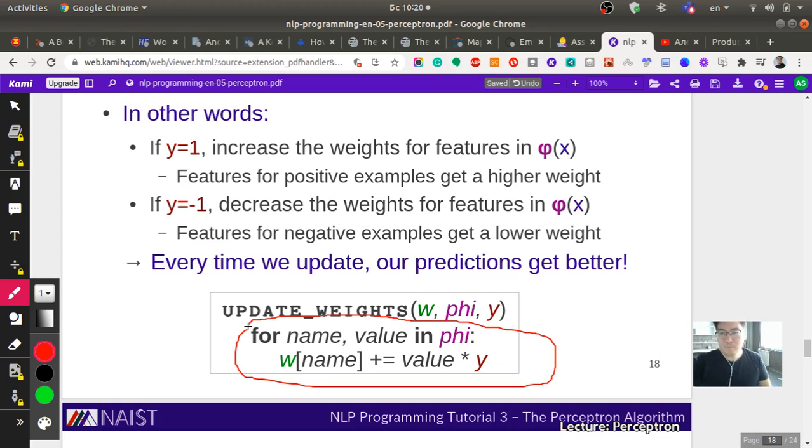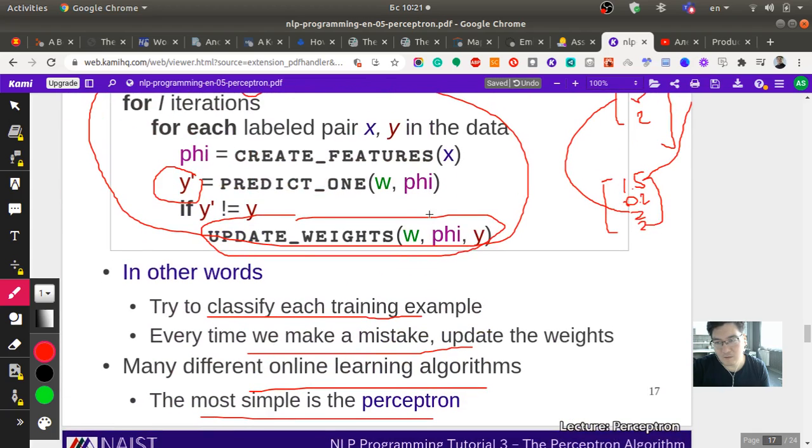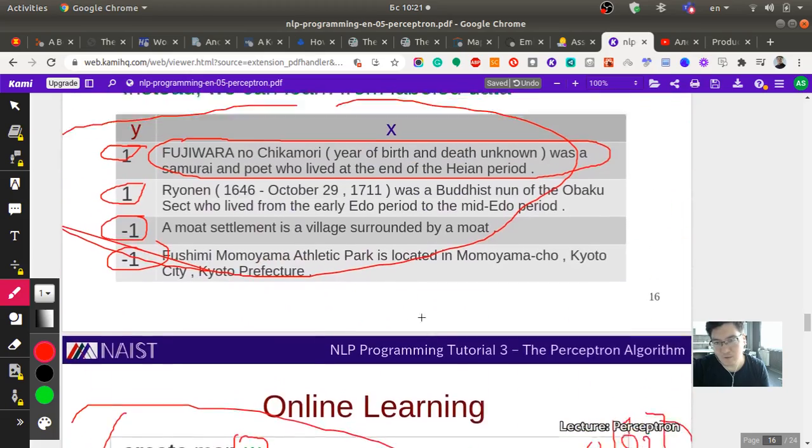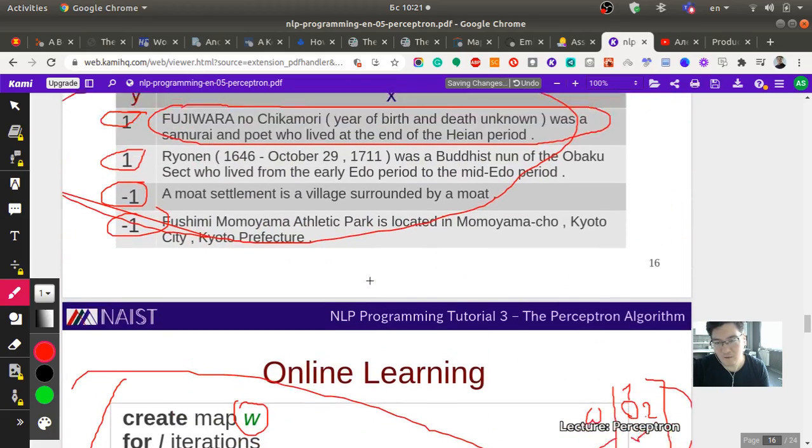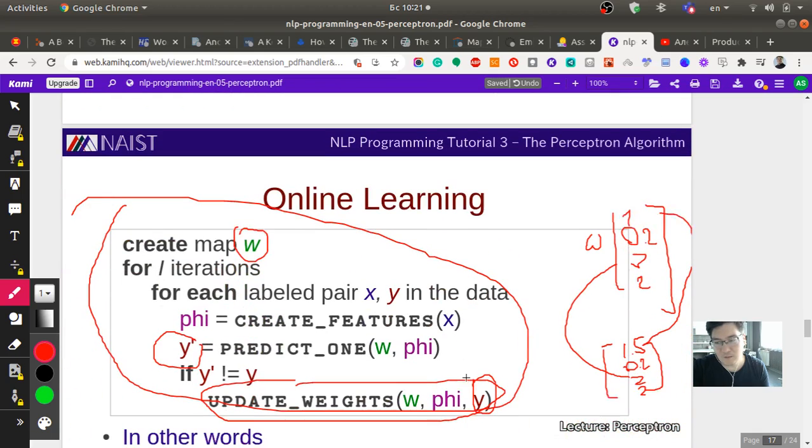So for example, you are given the weight vector, features phi and y. Here y is the actual value, for example 1, but the learning predicted it as 0.